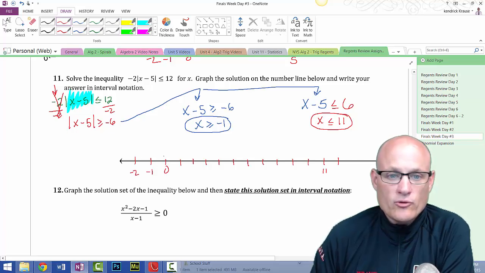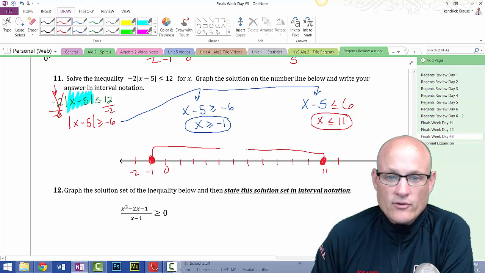Closed circle at -1, arrow going to the right. Closed circle at 11, arrow going to the left. So this is an actual and.